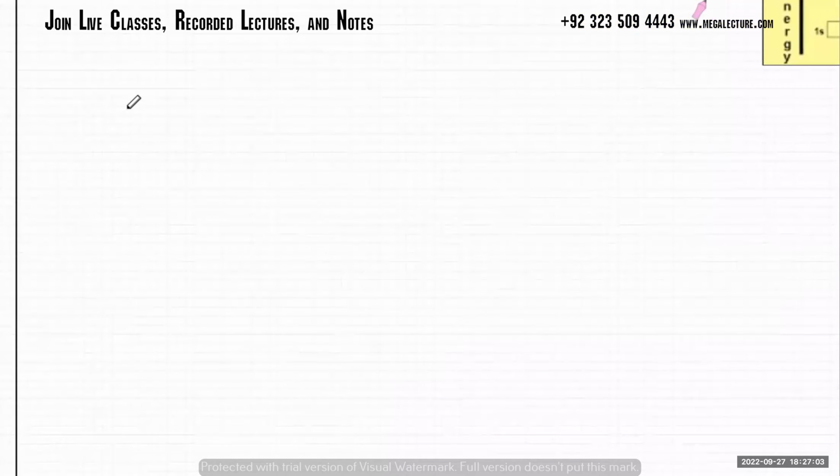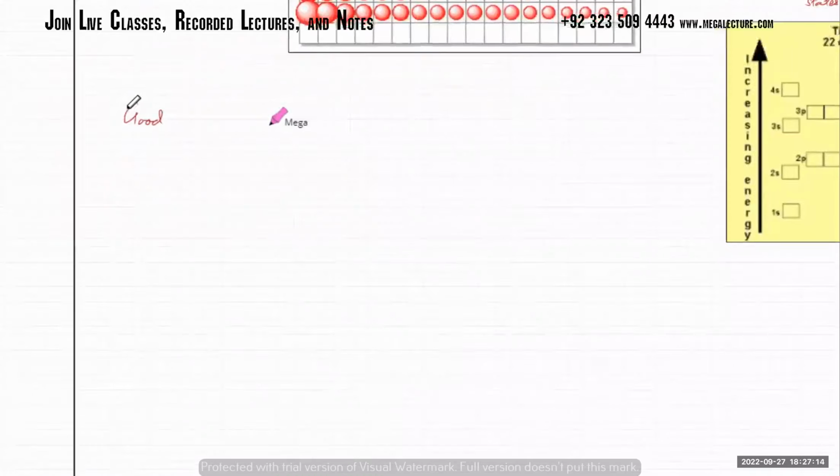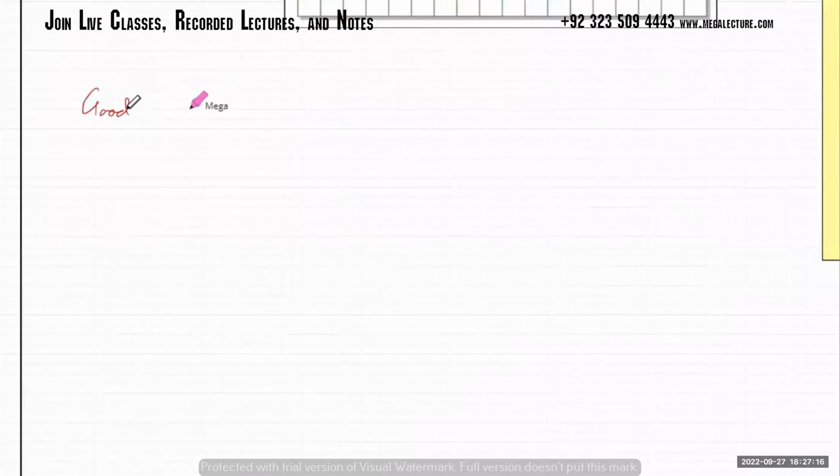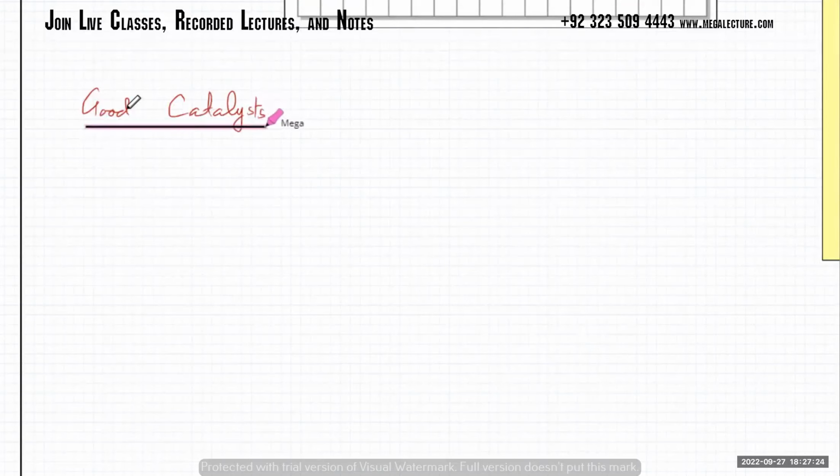Now, why are they good catalysts? There are a number of cases. They're really good catalysts.